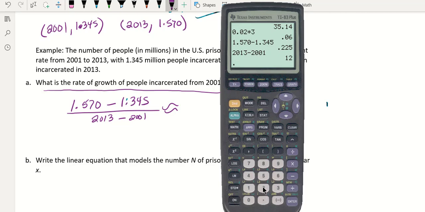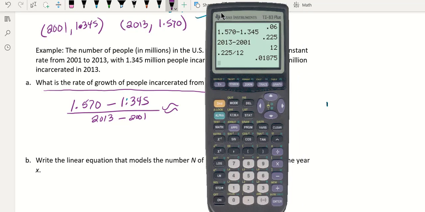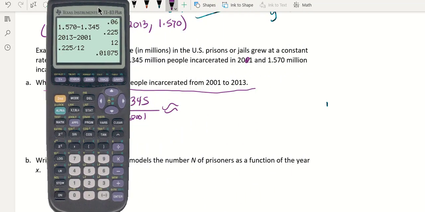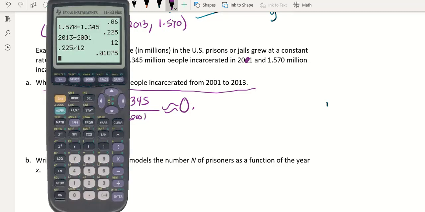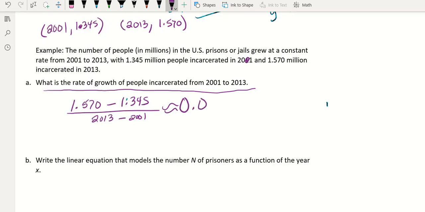So I'm going to do 0.225 divided by 12, and I end up with some unfavorable numbers such as 0.01875. That is my slope. That's not pretty though.